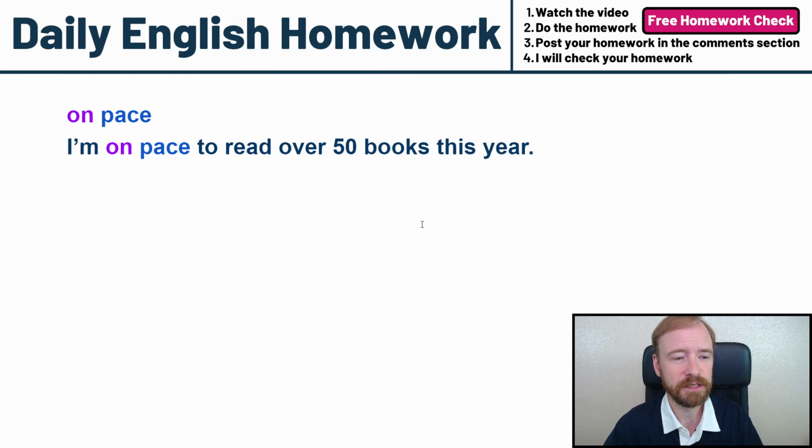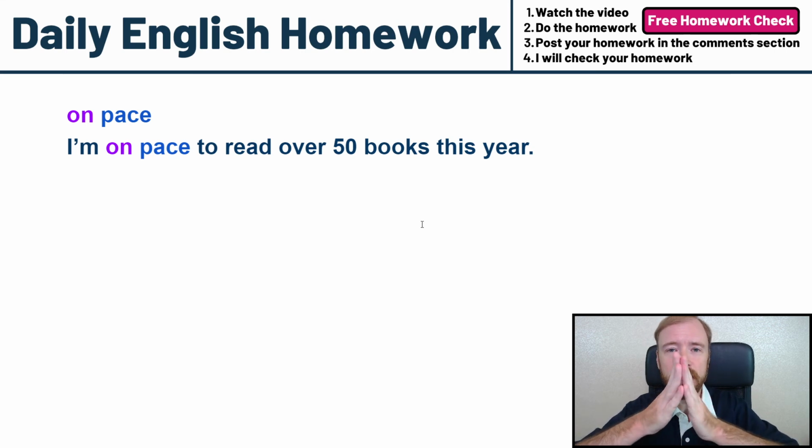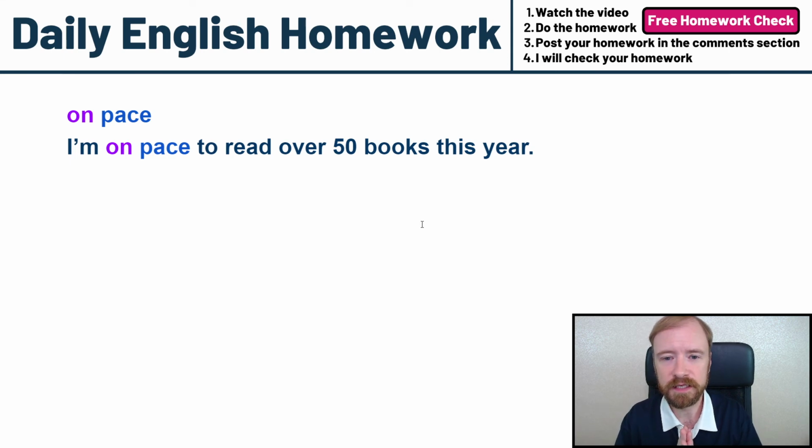On pace. I'm on pace to read over 50 books this year. So we're imagining 1 year and 50 books. Let's say I'm reading the first month. I read 5 books. So the first month I read 5 books.